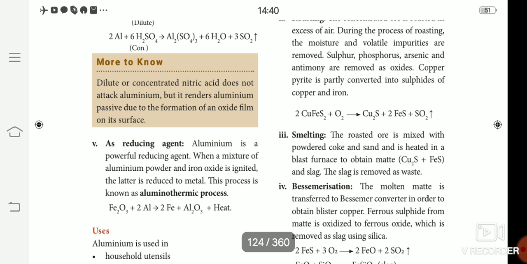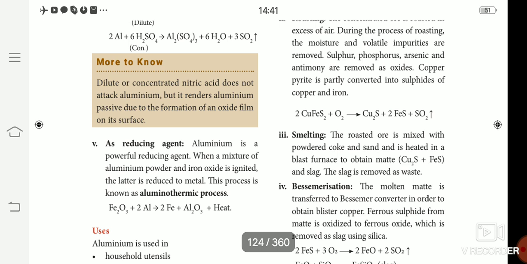What is the difference between roasting and smelting? Smelting is the process of extracting metal by heating metal oxide with a suitable reducing agent such as carbon or hydrogen.